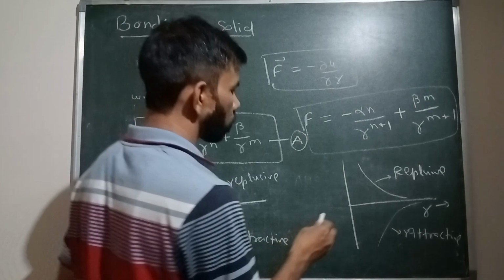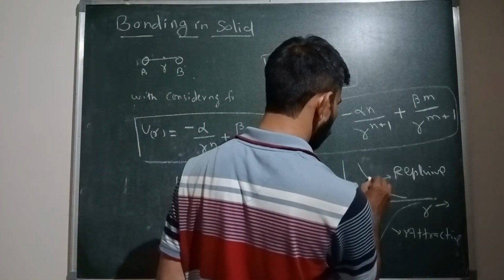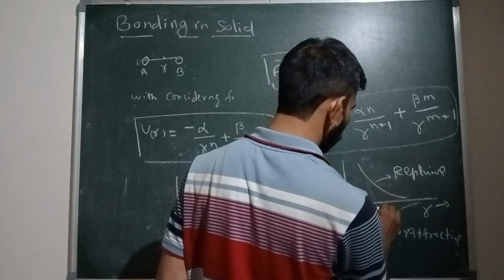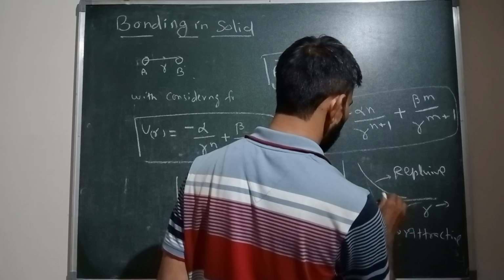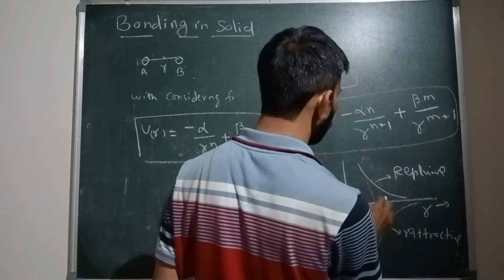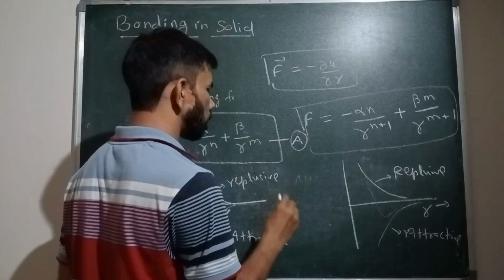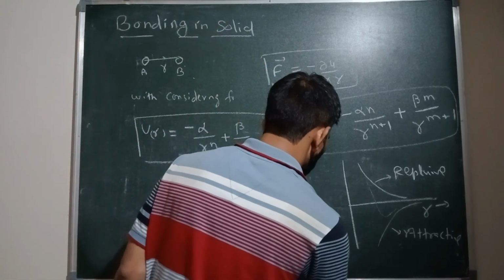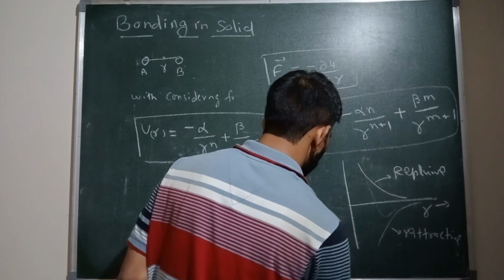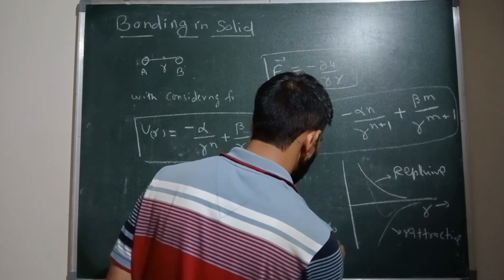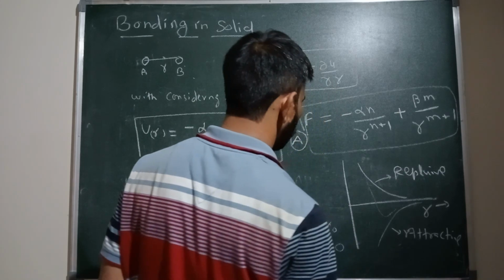When we look at equilibrium position, this line shows the total force between these atoms. At equilibrium position, R equals R naught, and the total force between these atoms will be 0.